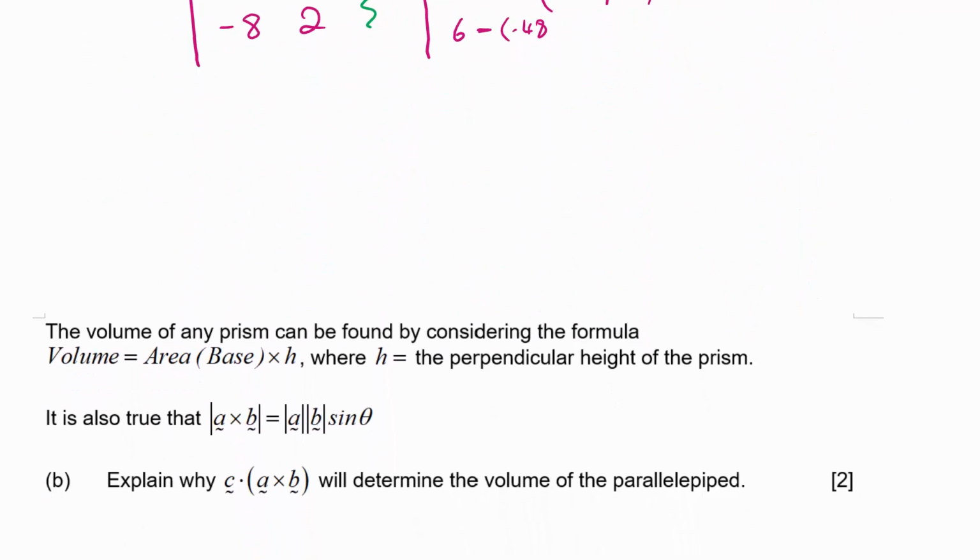The volume of any prism can be found by considering the formula volume equals area of the base times height, where h is the perpendicular height of the prism.